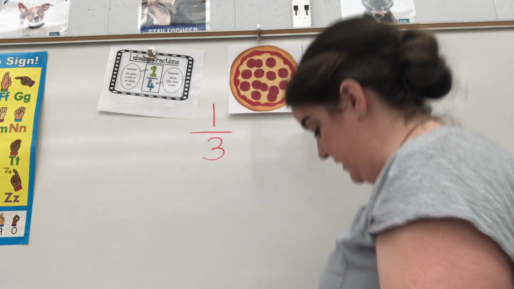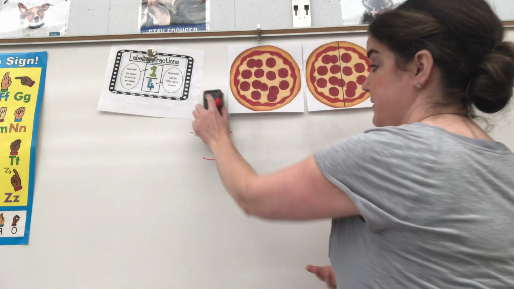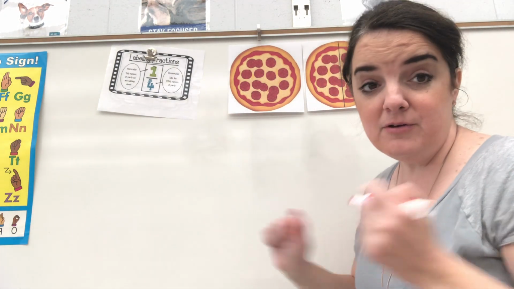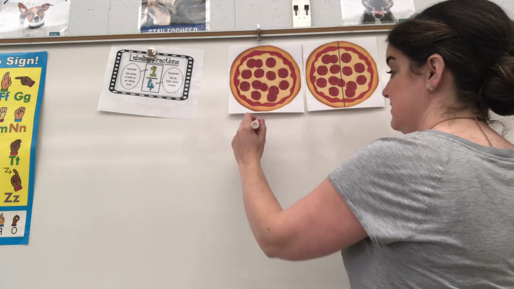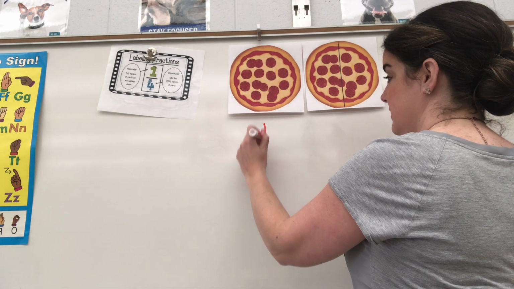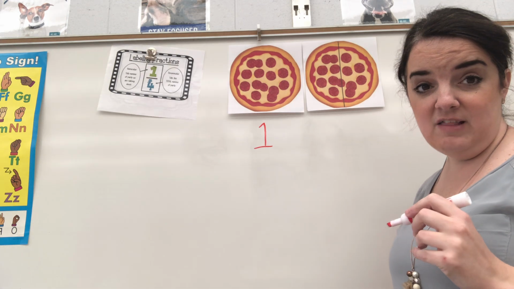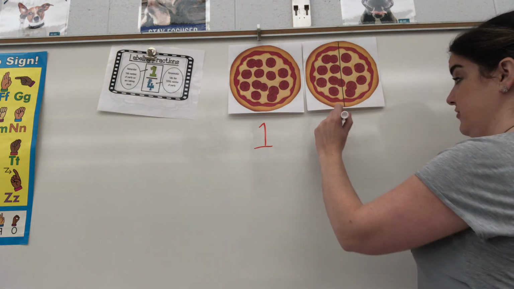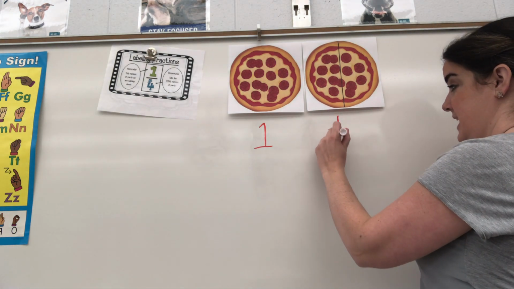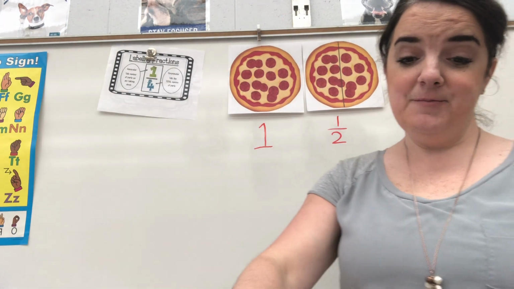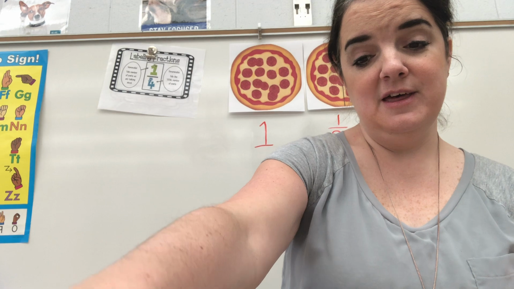Let me erase my little fraction here, and I'm going to write some numbers under these pizzas. So this is 1 whole pizza. Now over here, what fraction do we say this pizza was? 1/2. This is half.